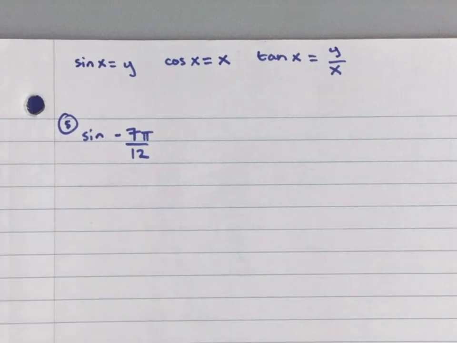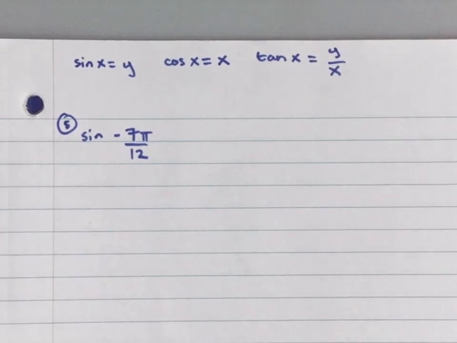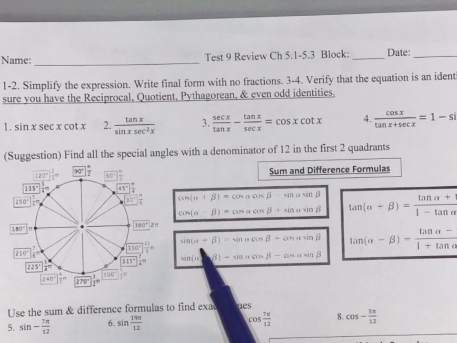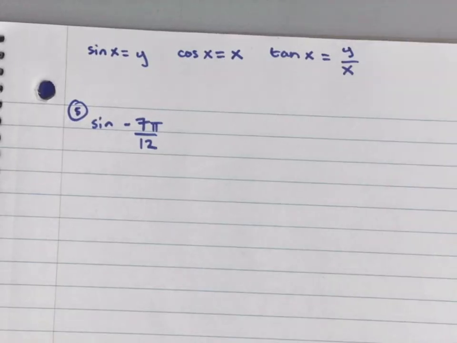But -7 pi over 12 is not on my unit circle. So what I need is a combination of two angles that will allow me to use one of the sine sum or difference formulas. We converted these angles in our notes.